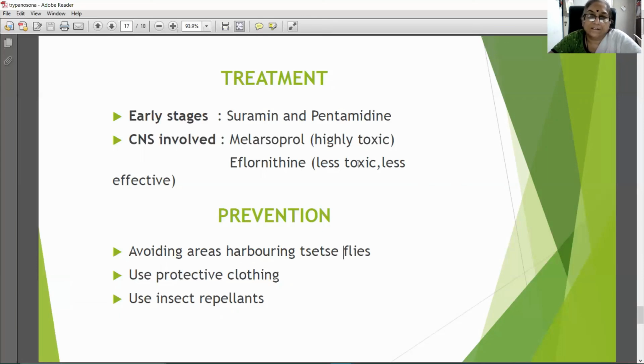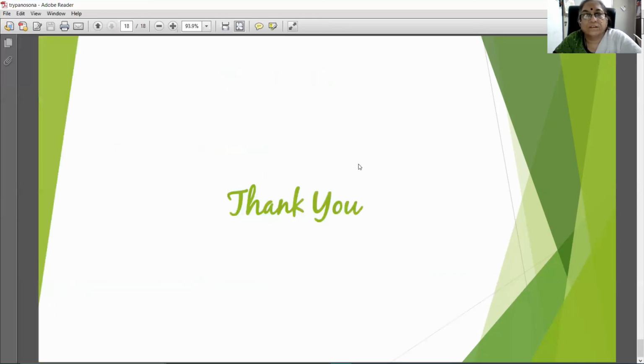But it can be administered because it is less toxic. Prevention: avoiding areas harboring tsetse flies, using protective clothing, and using insect repellents. So this is what trypanosomiasis or sleeping sickness is.